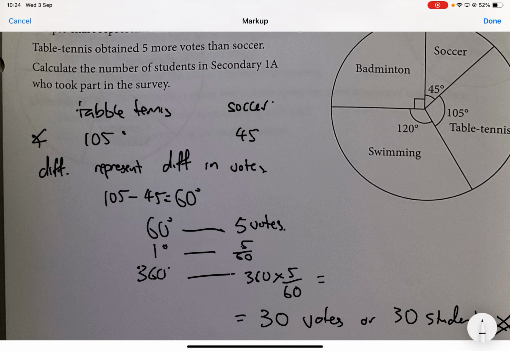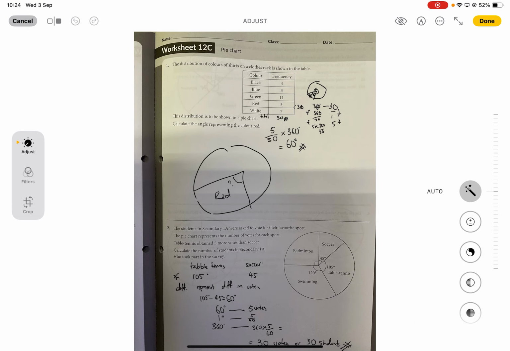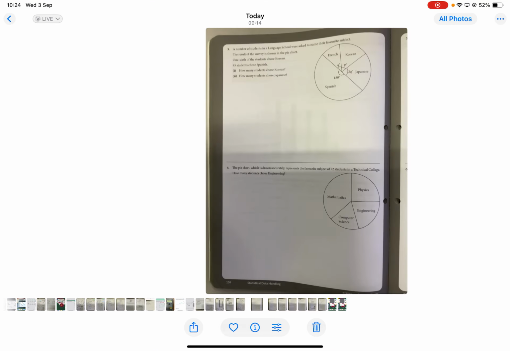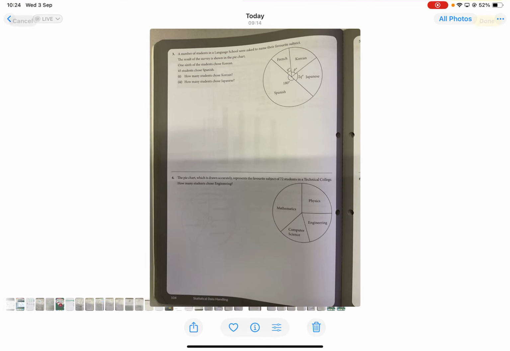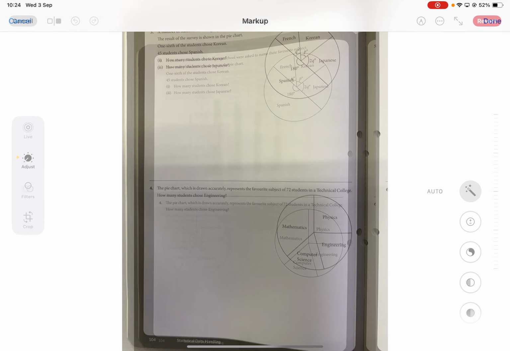Pie chart is quite common to see in your paper because there are a lot of questions that can be asked from a pie chart. Okay, done? Then let's go to the next question. Pie chart again, and it can be combined.